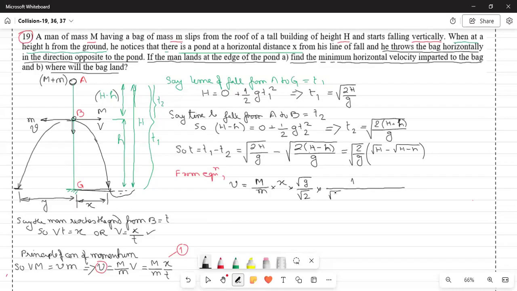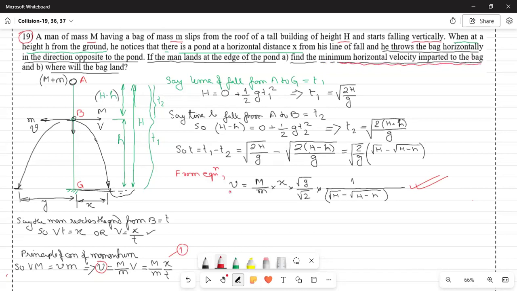So this is the velocity. This is one answer, the minimum horizontal velocity imparted to the bag.